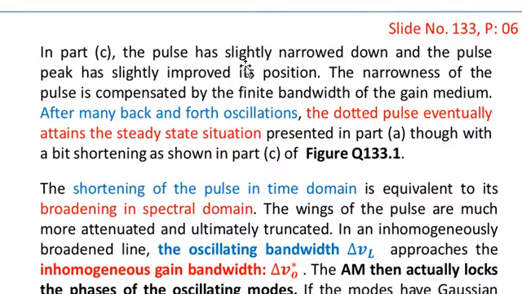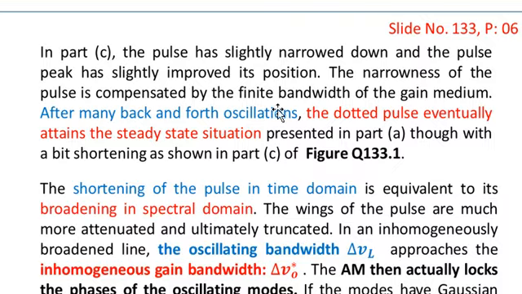In part C, the pulse has slightly narrowed down and the pulse peak has slightly improved its position. The narrowness of the pulse is compensated by the finite bandwidth of the gain medium, that is the active medium.